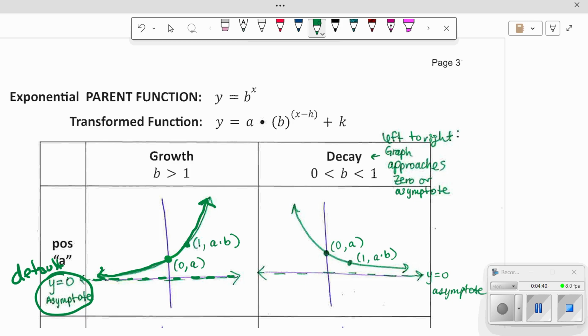Now, if your b value is a fraction, remember it can't be negative, but if it's a small fraction, then you will still have your default asymptote. You'll still have your y-intercept at a, but when you multiply by a small fraction, it gets smaller. So that is my decay situation.